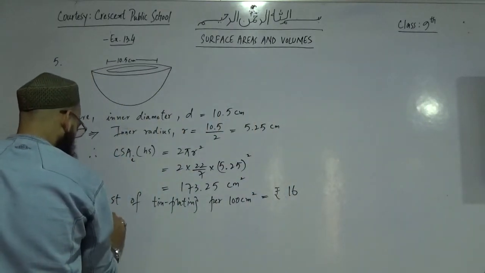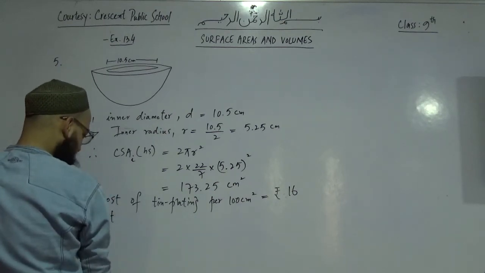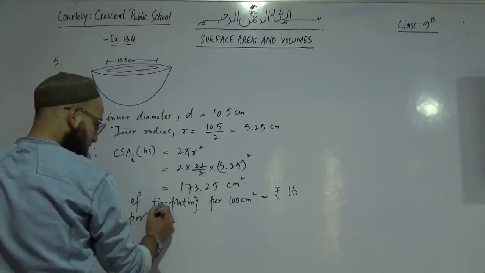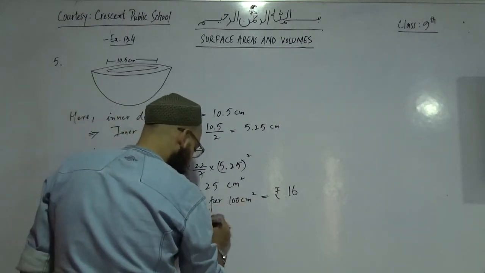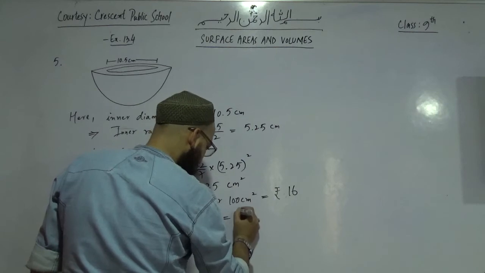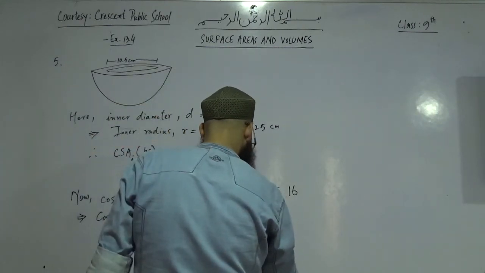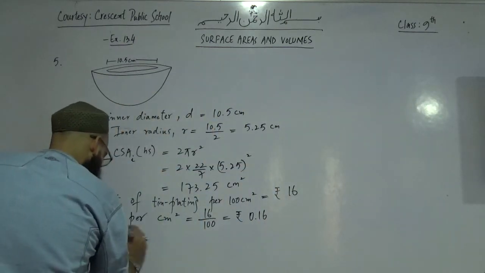Therefore, cost per square centimeter is 16 divided by 100, and that is rupees 0.16. Got it?